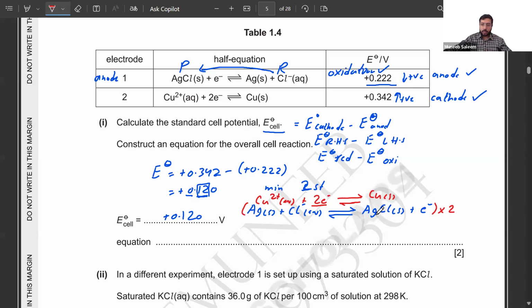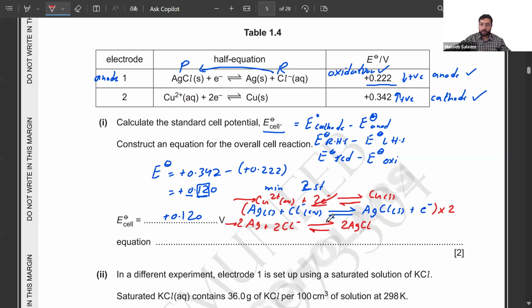So if it is multiplied by 2, it becomes 2 Ag plus 2 Cl negative, then it goes like this, and it should become 2 AgCl. Now I have to check these two equations, the copper equation and the AgCl equation. So the electrons are cancelled now.